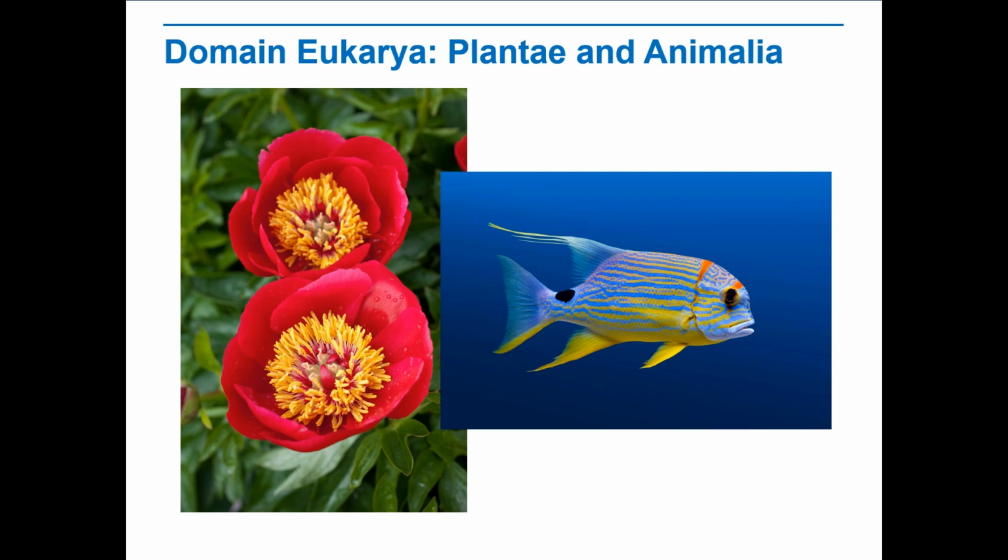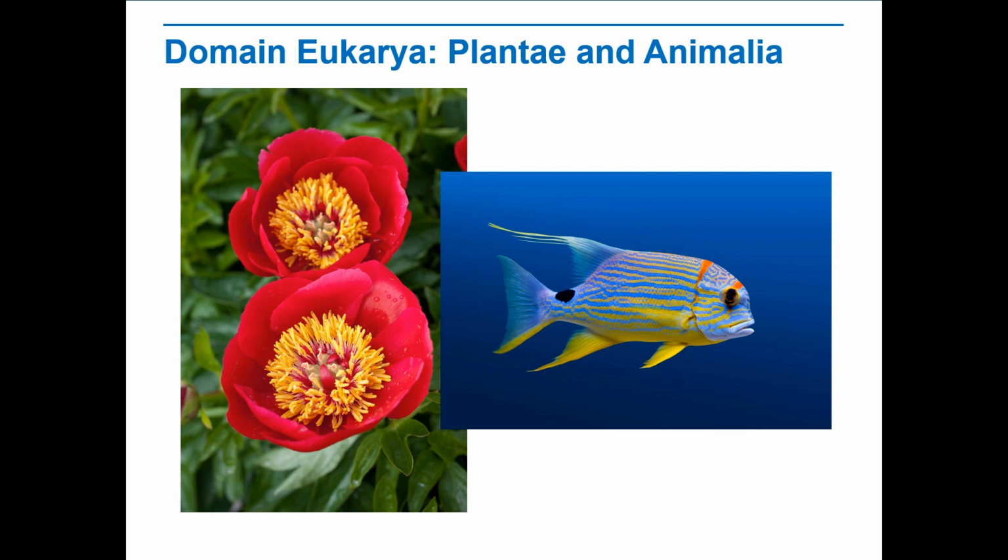In this class and in our textbook, we follow the lead of the most current cladistic analysis, making the entire plant kingdom a sister group to the red algae, traditionally classified as protists. The plant kingdom includes the green algae, along with mosses, ferns, cone-bearing plants, and flowering plants.